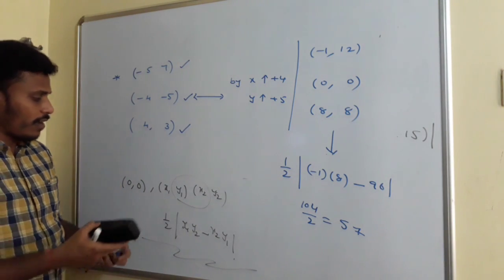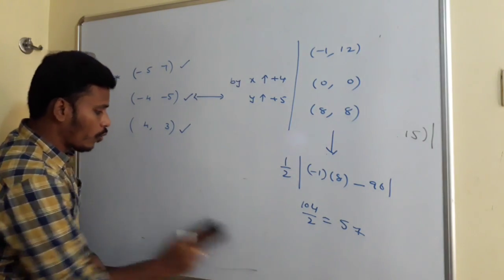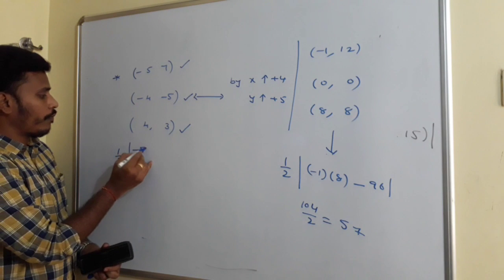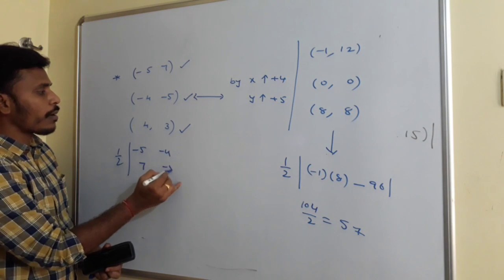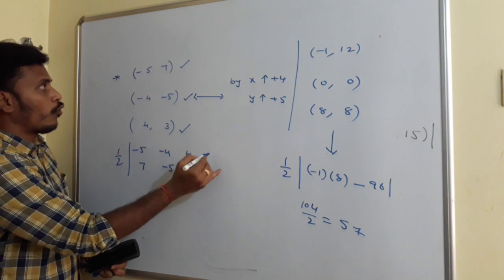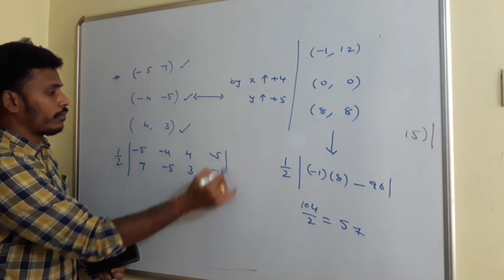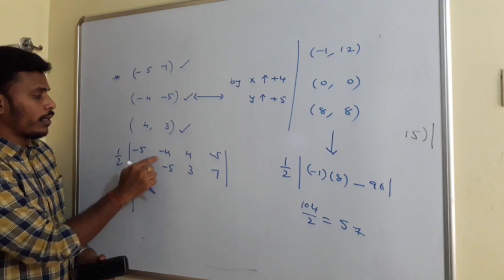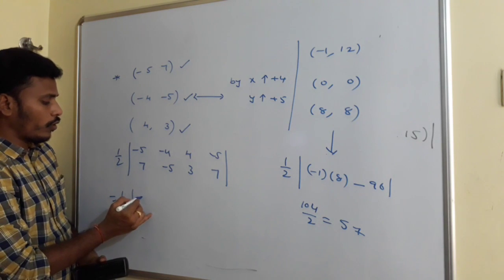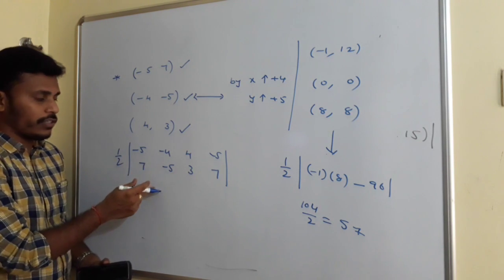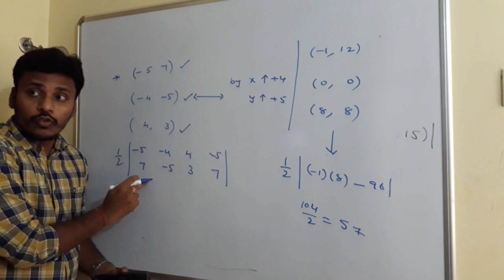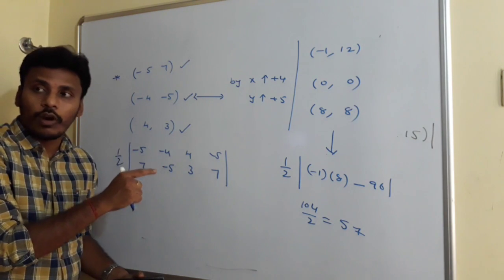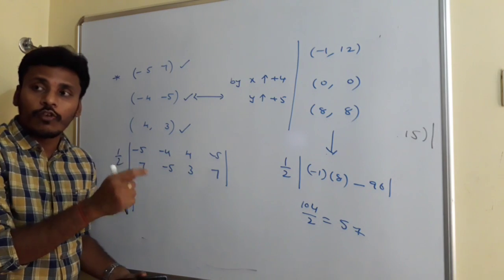Somewhere we made a mistake, so I need to check once again the area of these 3 points in this manner. Half, minus 5 7, minus 4 minus 5, 4 3, and again minus 5 7. Now this is equal to half modulus of 25 plus 28. 25 plus 28, there I made a mistake, right? 25 plus 28 is actually 53, but I wrote it previously as 43, so there is a difference of 10 there.